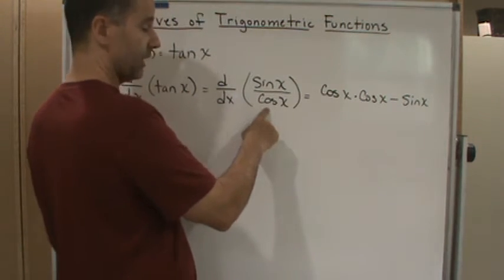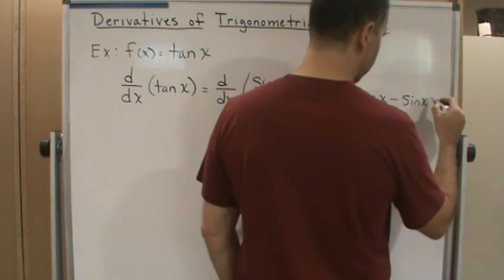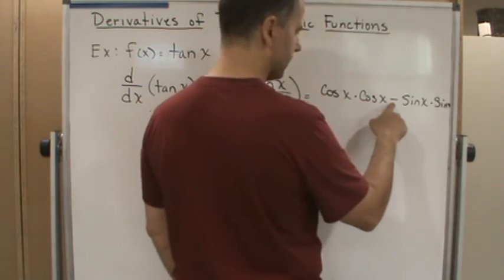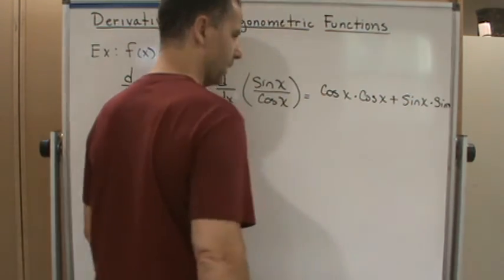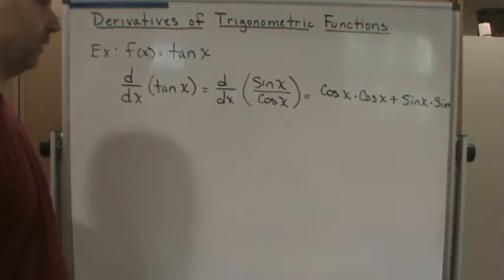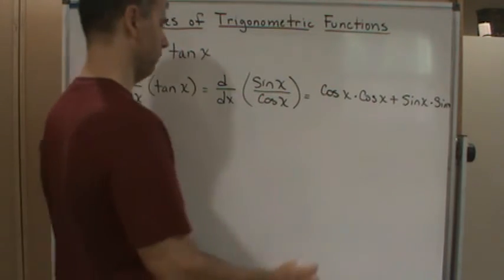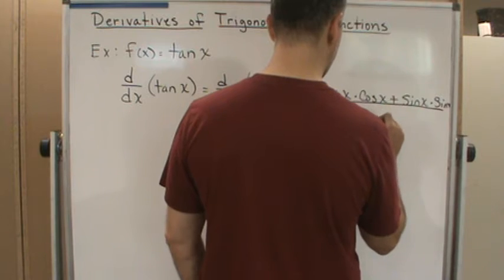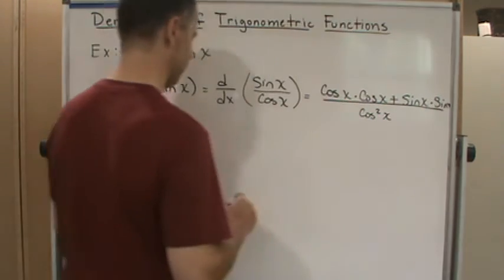The derivative of cosine is negative sine, so we're going to get another sine x here, but then this is going to go to positive because of the negative sign. And then over cosine squared x.